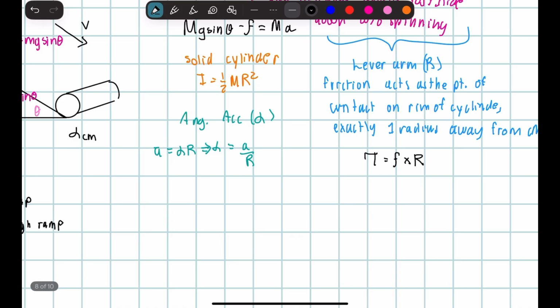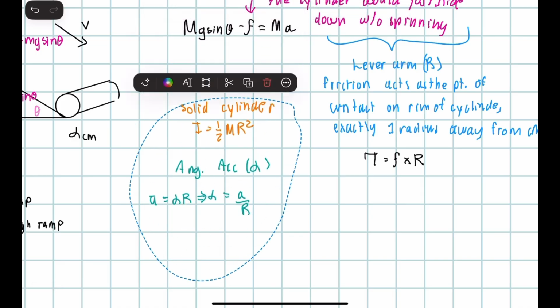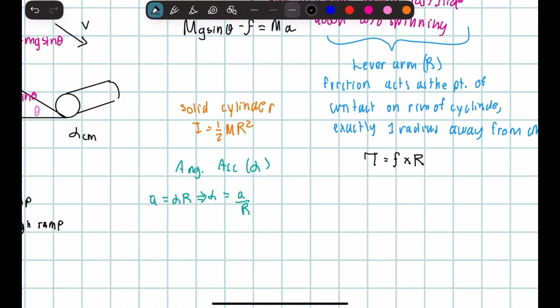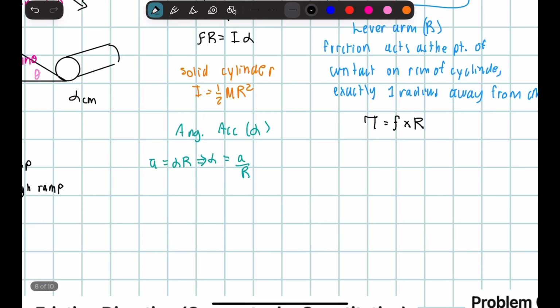So we also have the identity, the torque equation about the center, that is Fr is equal to the moment of inertia times the angular acceleration.